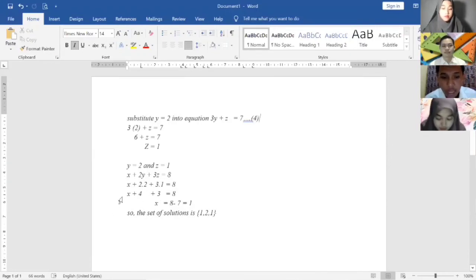So x plus 4 plus 3 equals 8, and the result is x equals 8 minus 7 equals 1. So the solution set is (1, 2, 1).